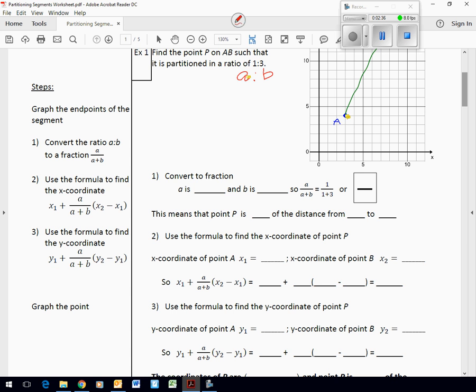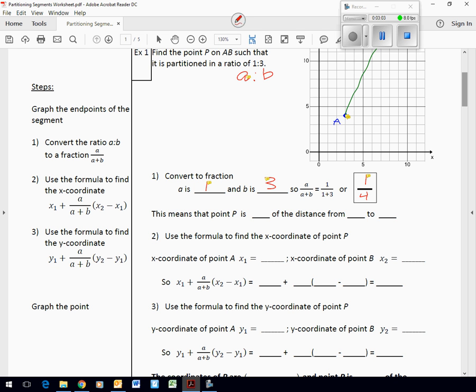What is A? 1. A is 1. What is B? 3. So A over A plus B equals 1 over 1 plus 3. What is 1 plus 3? 4. So this is 1 over 4, or 1/4.